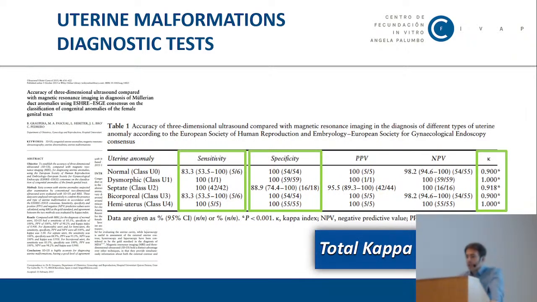Graupera, using MRI as a gold standard, compared the 3D ultrasound, and it has a kappa index of 0.95, so an excellent strength of agreement with the different classes of malformation. So 3D is very good for the diagnosis of uterine malformations.